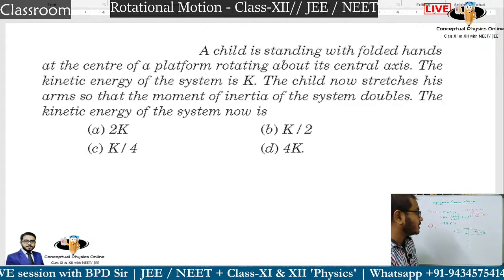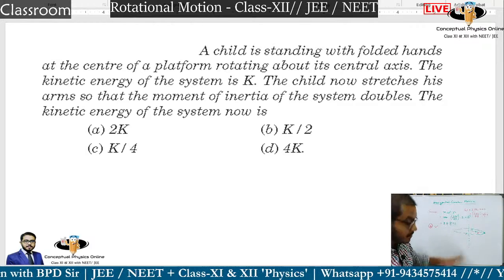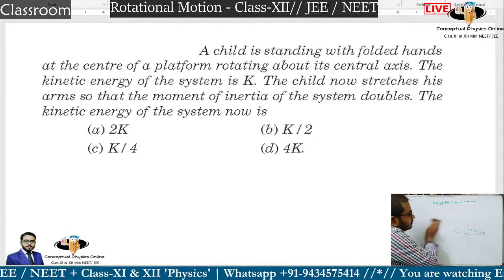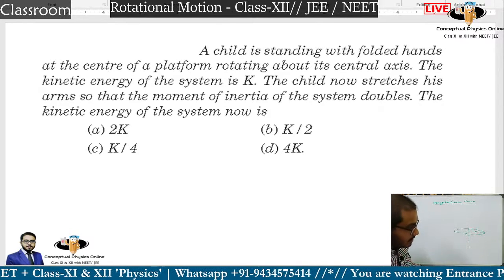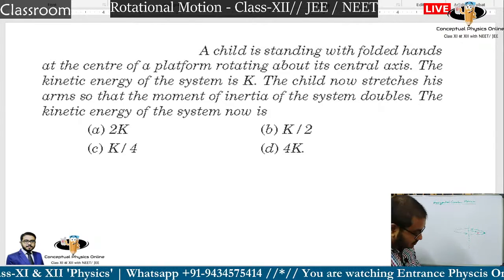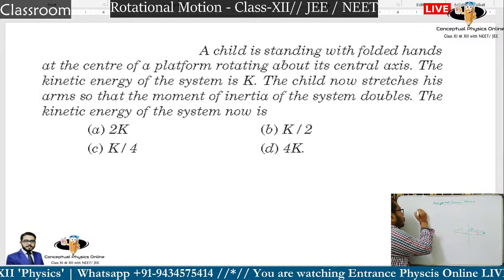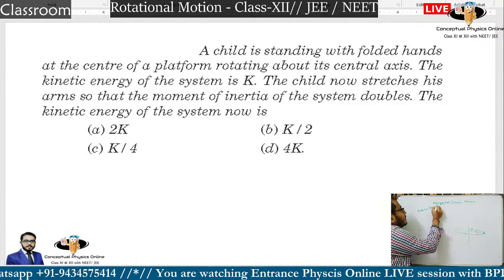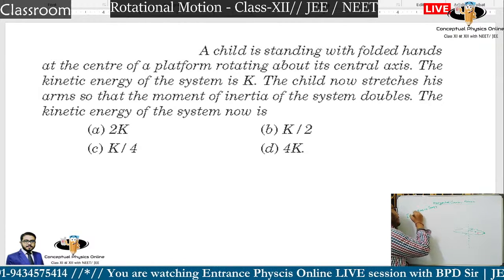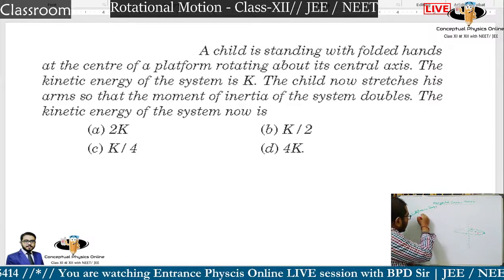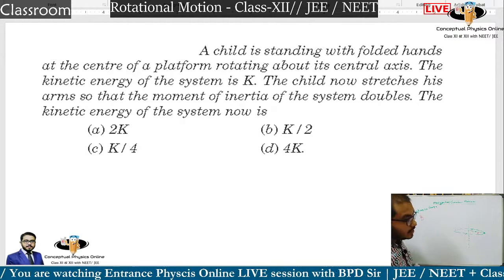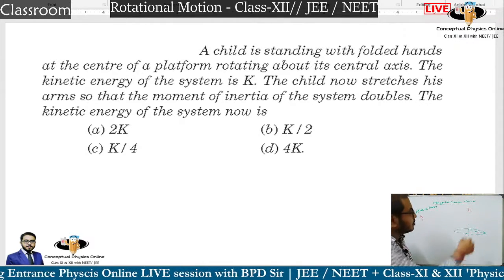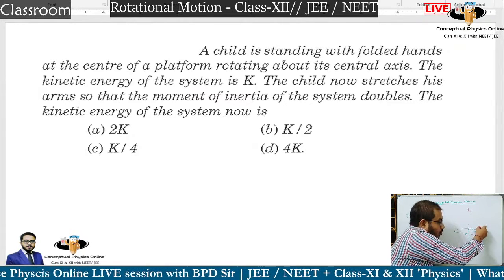The child was initially standing in a simple pose on a platform rotating about its axis, and at that moment the kinetic energy was K. Let's say the initial moment of inertia is I1, and the table was rotating about its axis initially with omega 1.